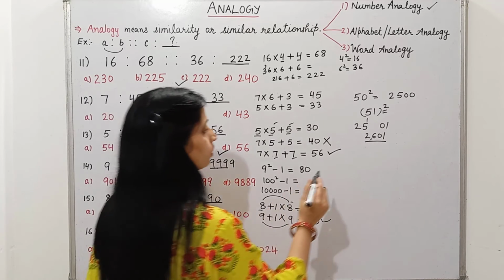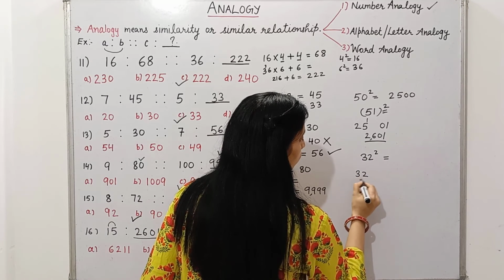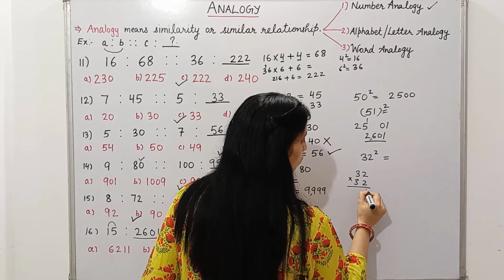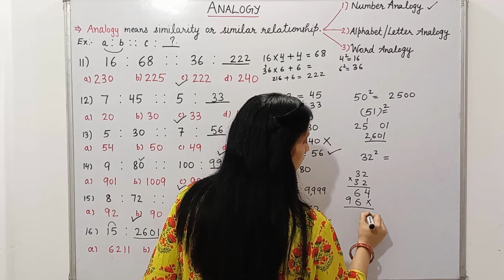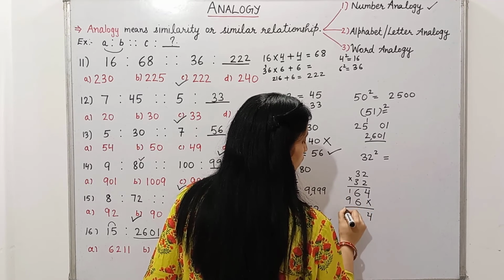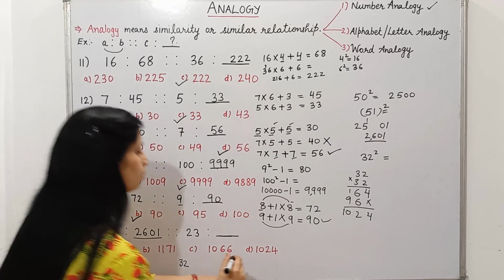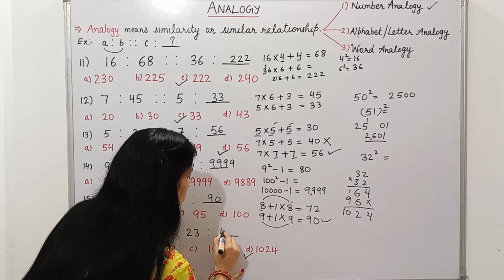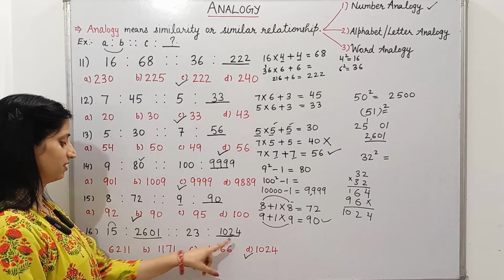So what will 32 squared be? It will be 32 multiplied by 32: 2 twos are 4, 2 threes are 6, 3 twos are 6 and 3 threes are 9. So it will be 1024. So 1024 is given here, option D. Write 1024. So it's our correct answer.